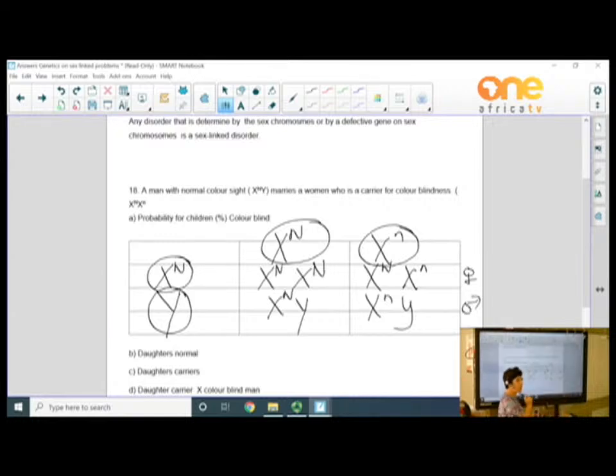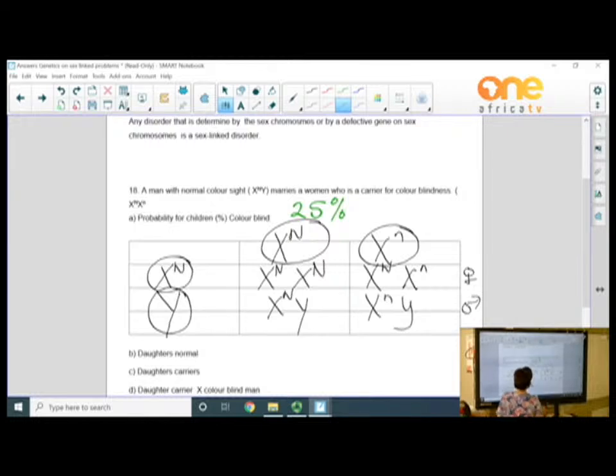Now, there's always a 50-50 percentage to have a boy or a girl, because we have a heterozygous and a homozygous crossing, always 50-50%, or 1-to-1. But to have colorblind children is 1 out of 4, 25%. Our answer there will be 25%.